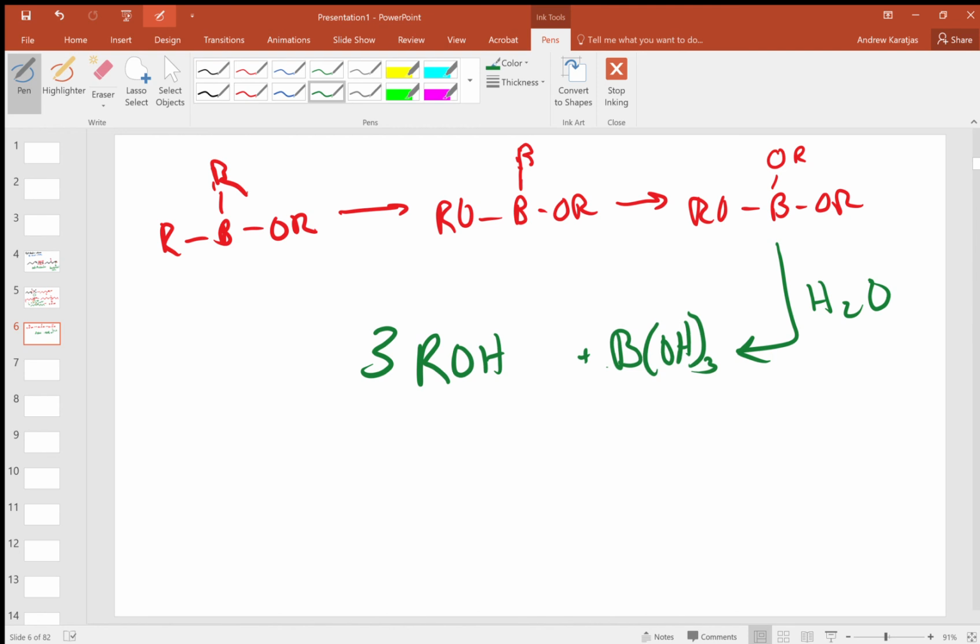So the key pieces in this reaction is, again, it forms an alcohol, but it forms the anti-Markovnikov, or the less substituted alcohol.